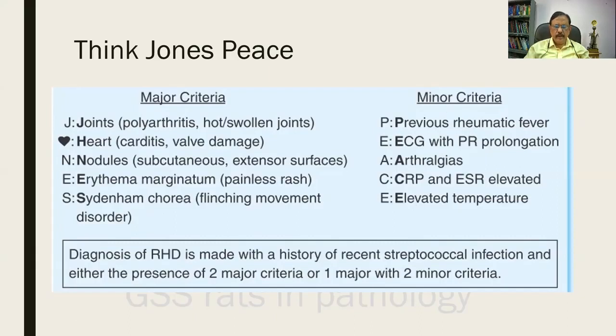When a patient has two major criteria or one major and two minor criteria, it is diagnostic of rheumatic heart disease. The Jones criteria. Though it is a clinical question, it can also be asked in pathology, and if you do answer this, you score a point over others.